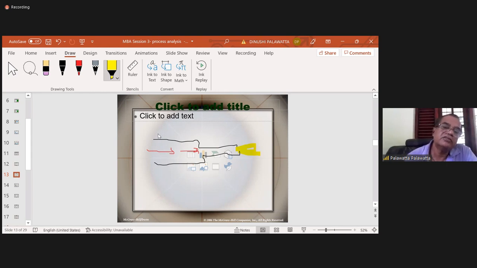Let's say bottleneck can happen in traffic also. When traffic is coming along the road and you find a narrow pass, a lot of traffic will pile up in front of the narrow pass. So that's why we use the term bottleneck.